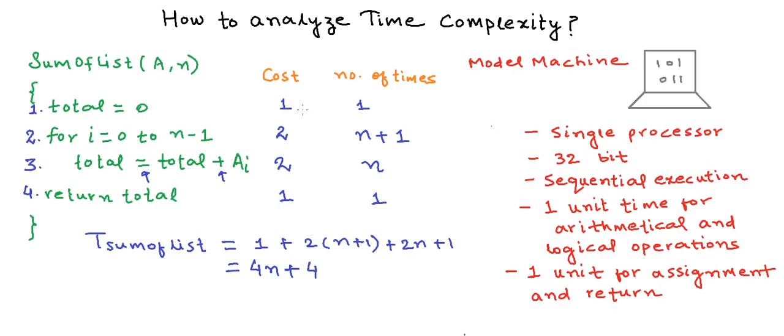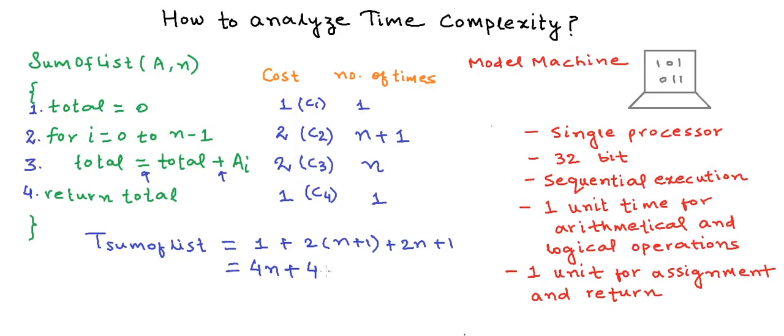Now if this sounds a little messy to mark these absolute terms here in cost, we can also write some constants here, like the cost of executing line 1 is, say, C1, and the cost of executing line 2 can be called C2, and we can go on like this. And then also we can try to calculate the total cost.